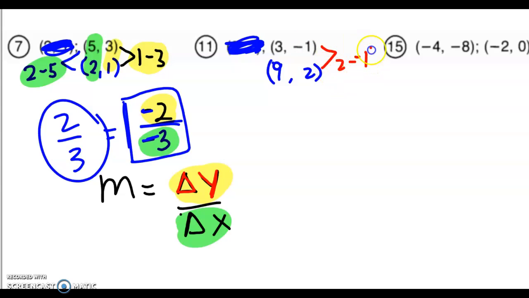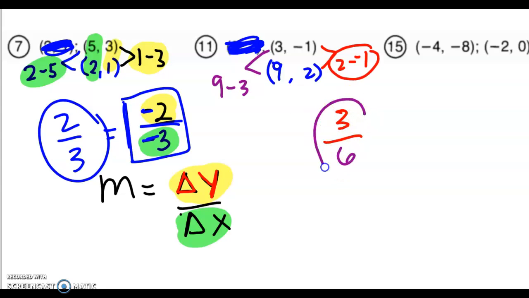So I can just type that into my calculator, right? That's 3. And then I'm going to do 9 minus 3. 9 minus 3 is 6. So 3/6 is a good answer, but if you simplify it, you'll get 1/2. Okay?